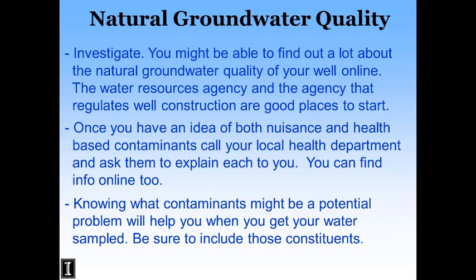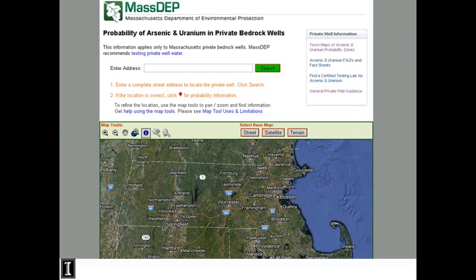So, for instance, this is the Massachusetts Department of Environmental Protection's website. They have a lot of arsenic and uranium in certain parts of the state, and so they've developed a map and also this tool where you can actually just type in your address, and it'll tell you your risk, if you will, or probability of finding arsenic or uranium above what's considered a safe level.